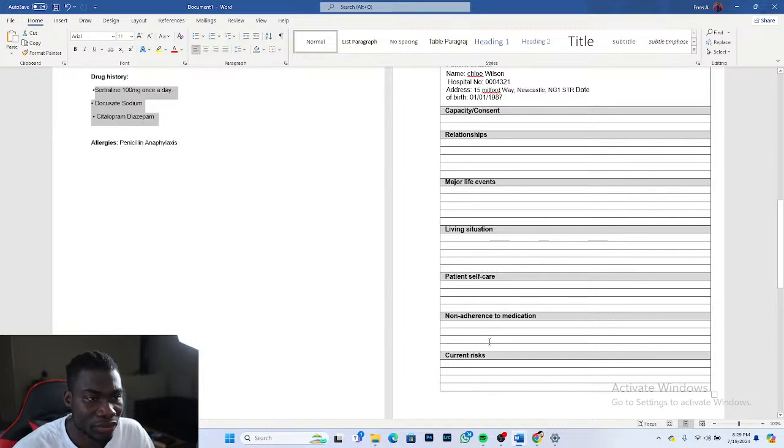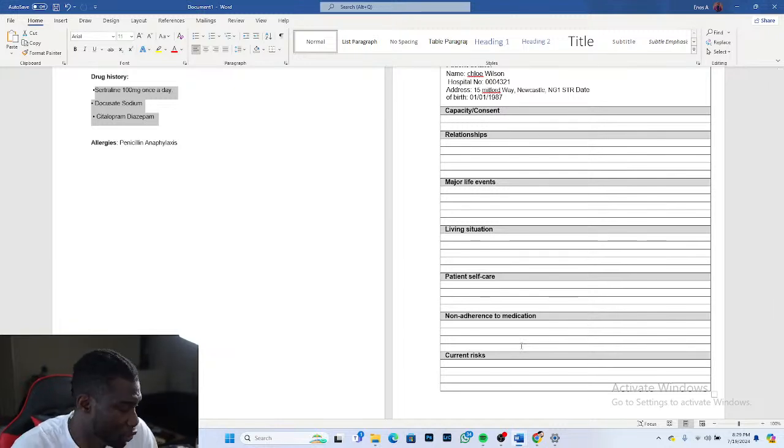Now, after exploring all to this point, in a mental health situation or in this assessment situation, whether it is depression or whether it is mania, you also have to explore the question of self-harm. So at this point, you can also ask the patient whether the patient has been having any thought of self-harm. And if the patient is having thoughts of self-harm, how often does he or she have this thought of self-harm?